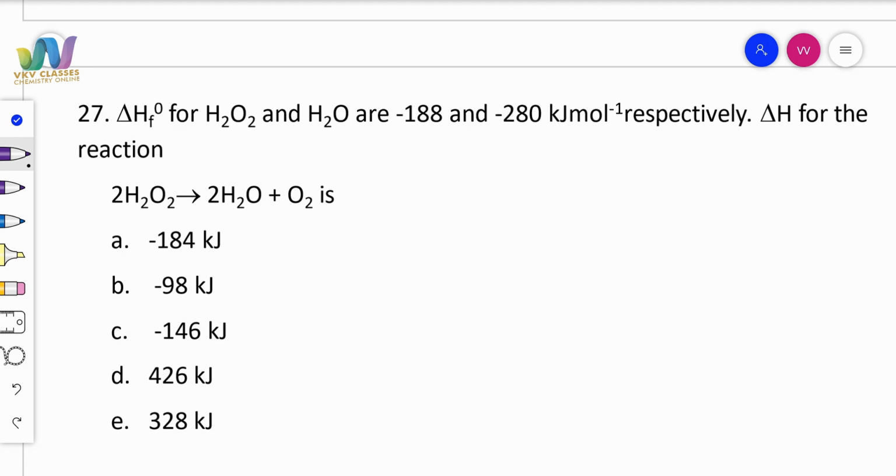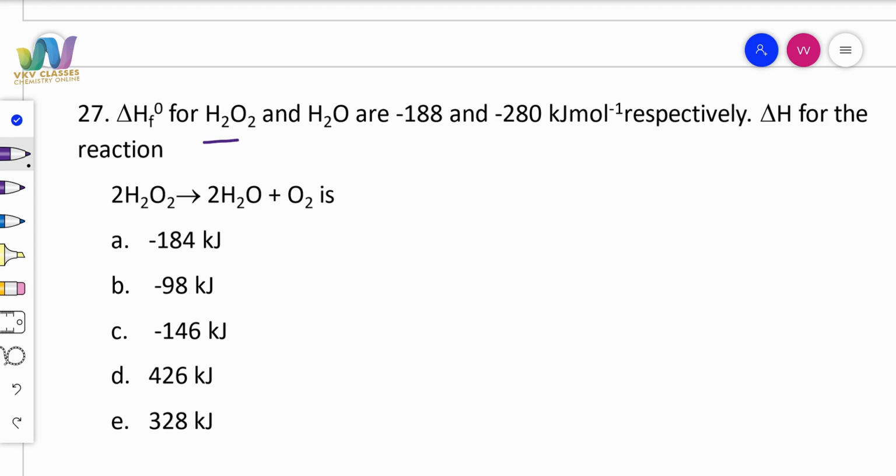Delta Hf0 for H2O2 and H2O are minus 188 and minus 280 kilojoules per mole respectively. Delta H for the reaction 2H2O2 gives 2H2O plus O2 is? Now two equations are given.